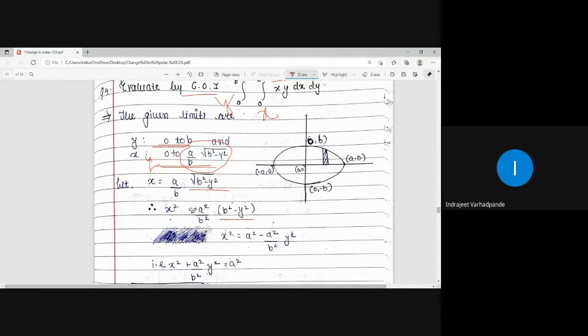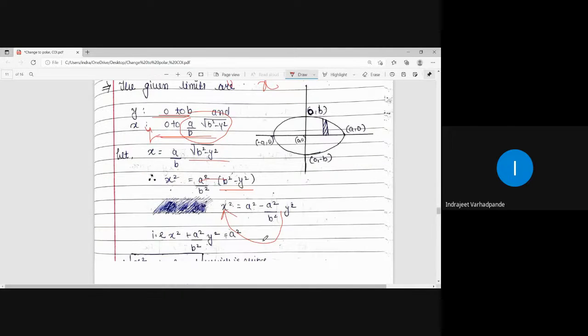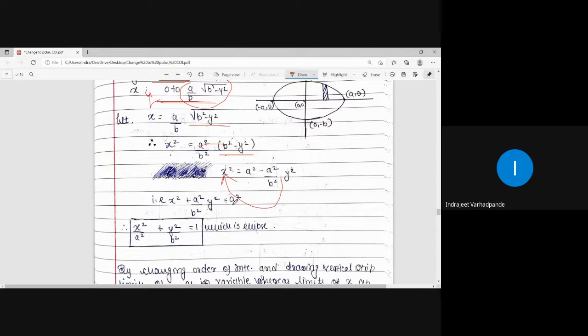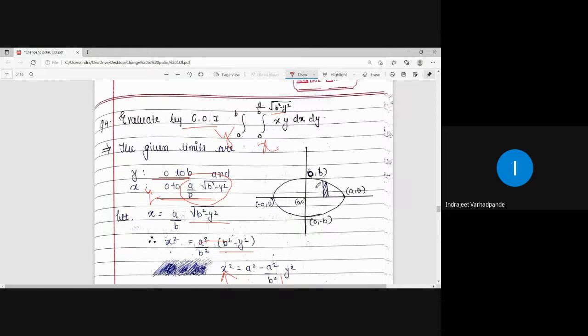Did you understand? Open the bracket: x square is equal to a square minus a square y square upon b square. This is to be shifted to the other side. Divide both sides by a square. So x square by a square plus y square by b square is equal to 1. What is this equation? x square by a square plus y square by b square equal to 1. It represents the ellipse. So we have drawn the ellipse.